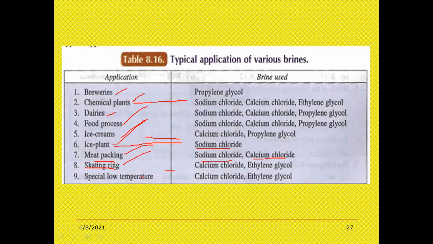For special low temperatures, we are using calcium chloride and ethylene glycol. So these are the applications where brine is used whenever it is fitted to the air conditioning system. Got it?